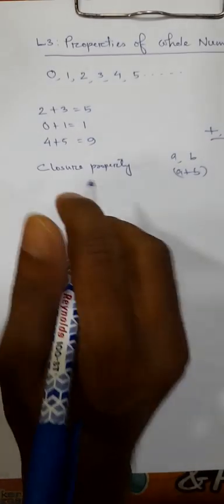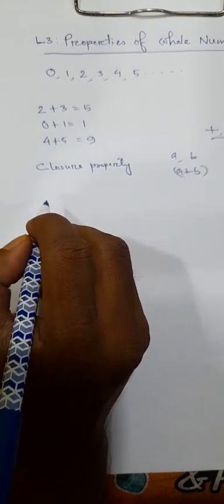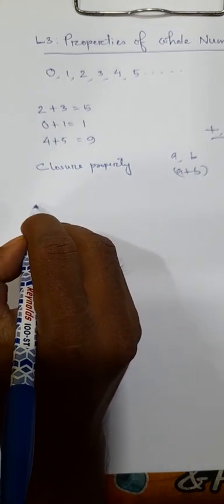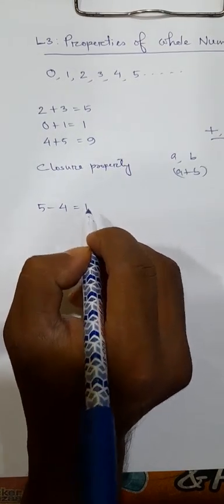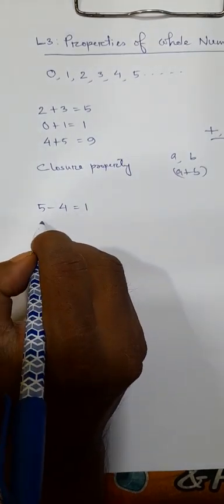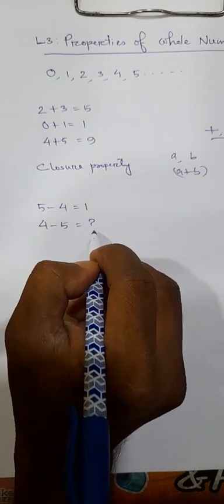Now we'll check whether the difference of any two whole numbers is again a whole number. For example, 5 minus 4 equals 1. Now what is 4 minus 5? Is this a whole number?